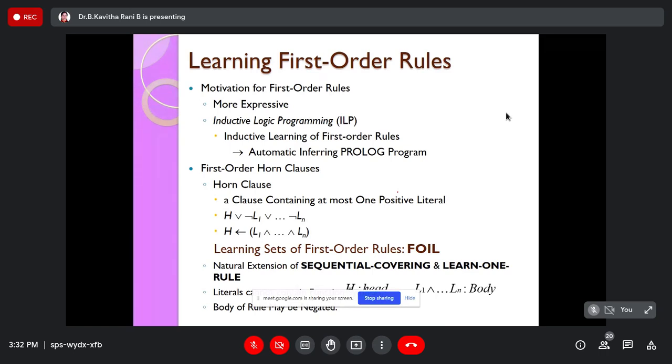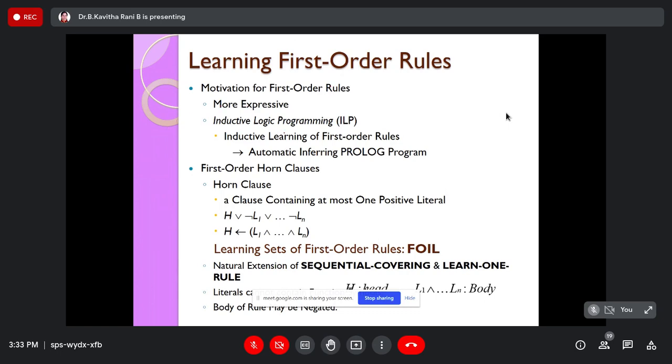So what we are doing here is that it is used to learn first order rules, that is, it is used to learn on class rules. On class rules means how they are linked to each other.